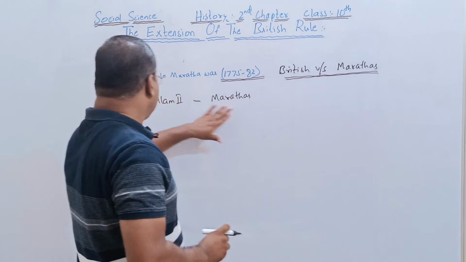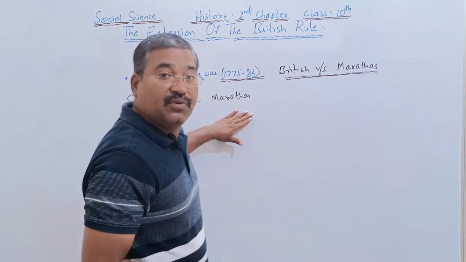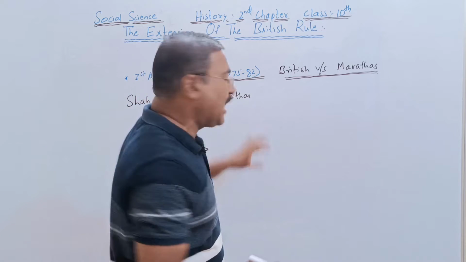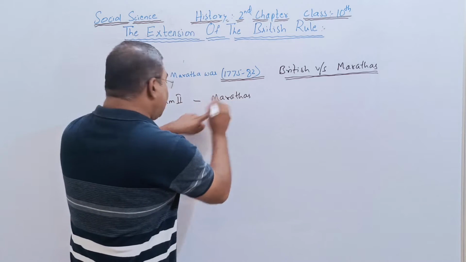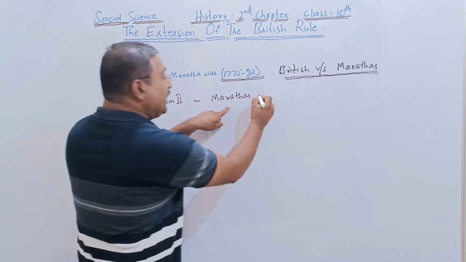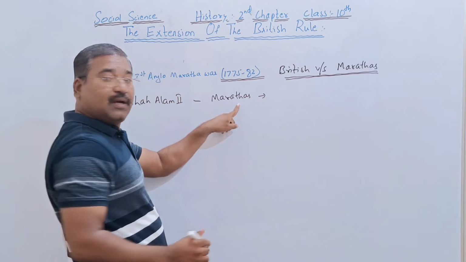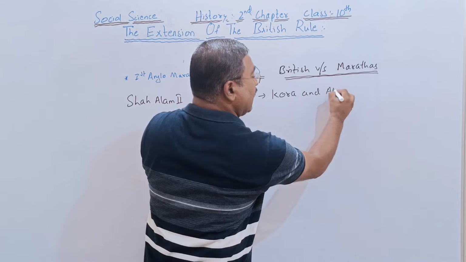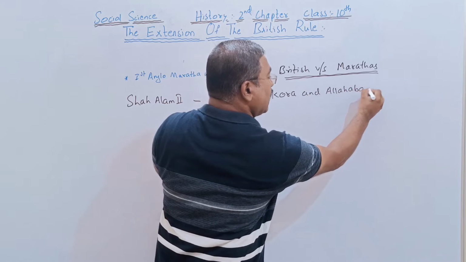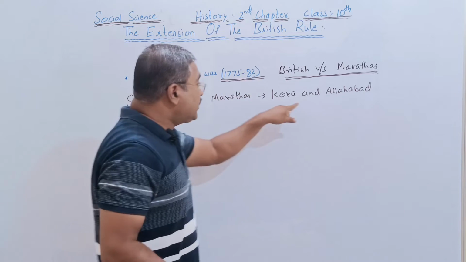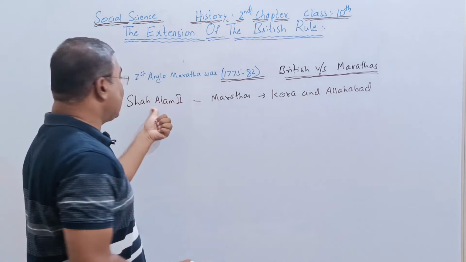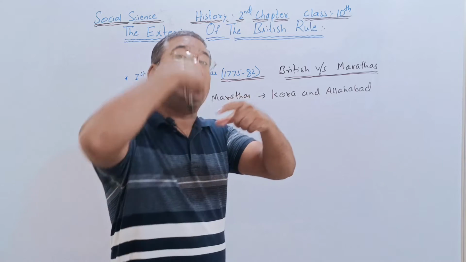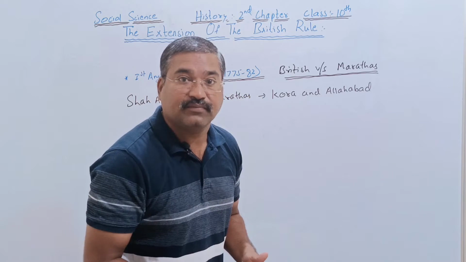The Marathas made Shah Alam II the new ruler of the Mughal Empire, which made Shah Alam give two places to the Marathas called Kora and Allahabad, which he had given earlier to the British.